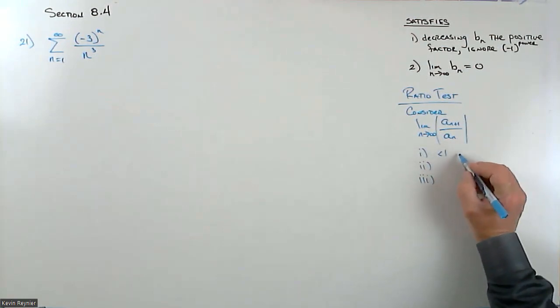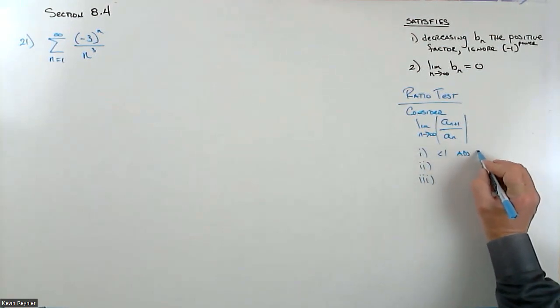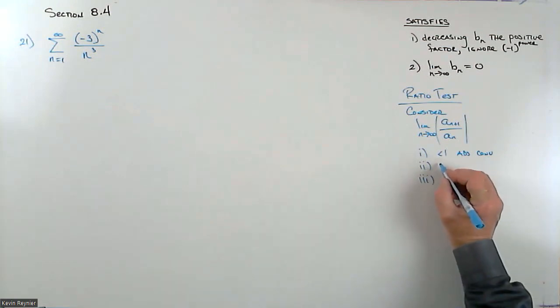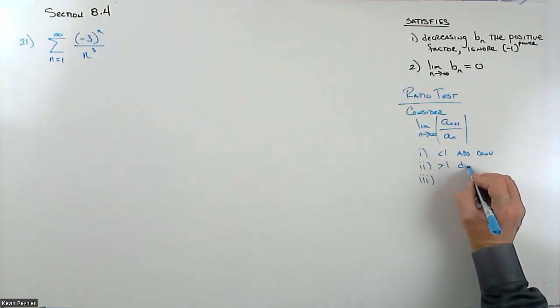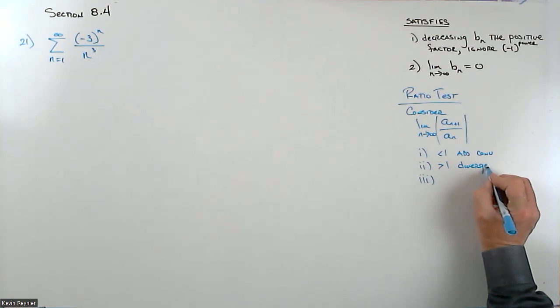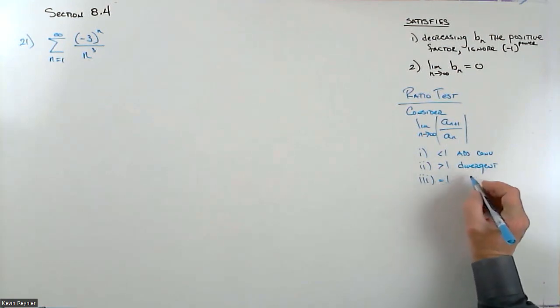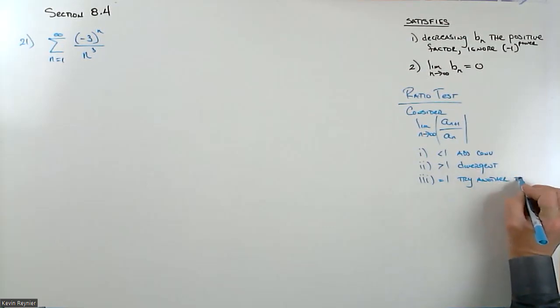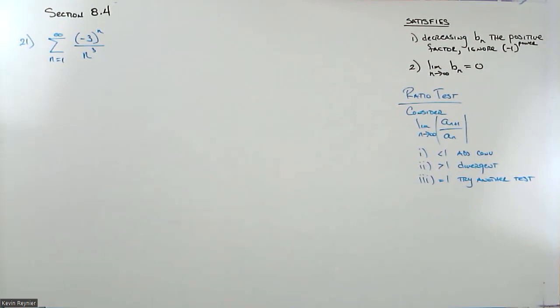We get less than 1, absolutely convergent. We get greater than 1, divergent. And we get equals 1, try another test, because it's inconclusive.